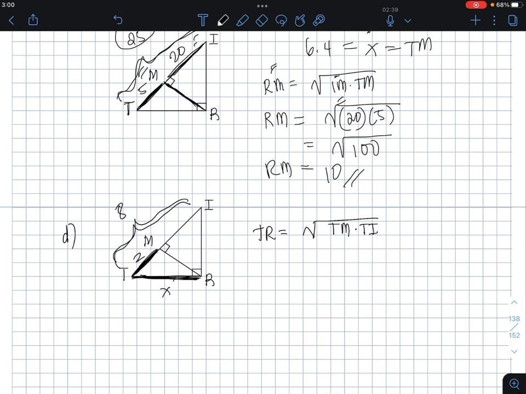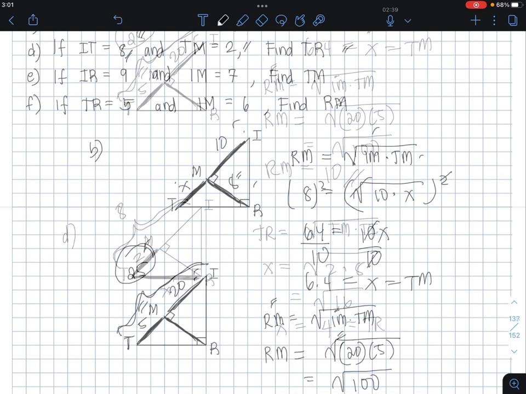Okay? So, TR, which is X, is equal to square root ng TM, which is 2, times TI, which is 8. So, square root of 2 times 8 or 16, X is square root of 16 or 4. So, therefore, TR is equal to 4.